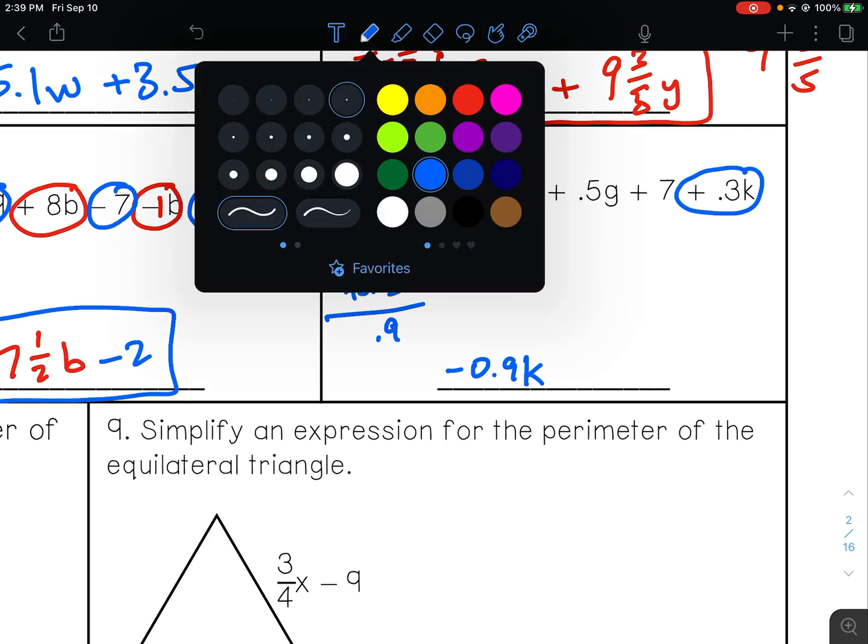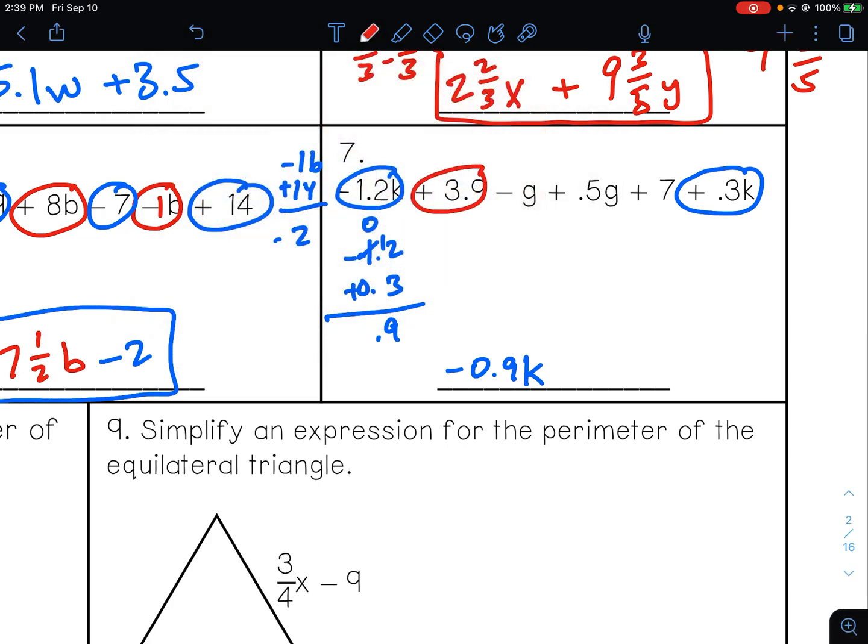Let's do the next term. I have positive 3.9 and positive 0.5. Sorry, that's not correct. It's a G term. So positive 3.9 and positive 7. The other two are G terms. So 7 plus 3.9, I know that. It's 10.9.